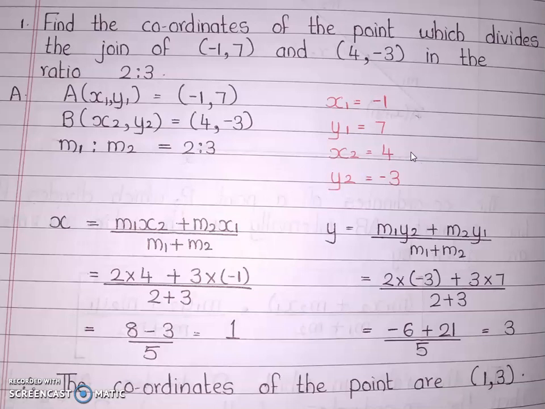Without making any careless mistakes, substitute the values in this formula and you'll get the x coordinate as 1 and y coordinate as 3. And at last, you should write that the coordinates of the point are (1, 3). We'll go to the next question.